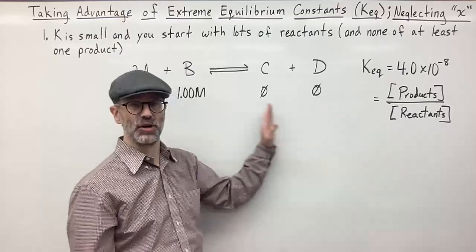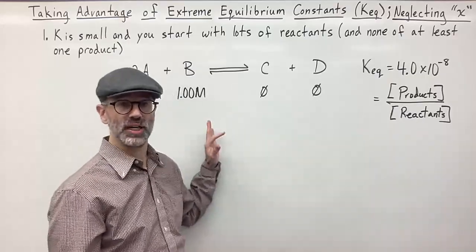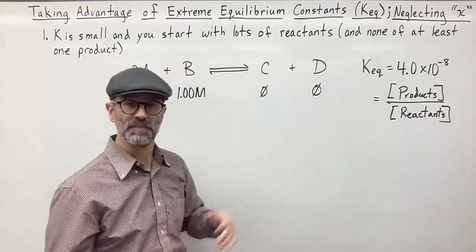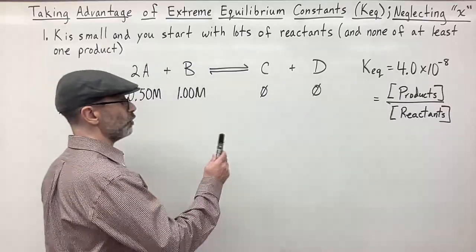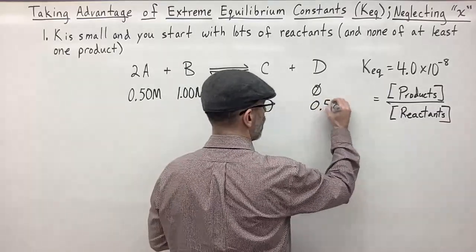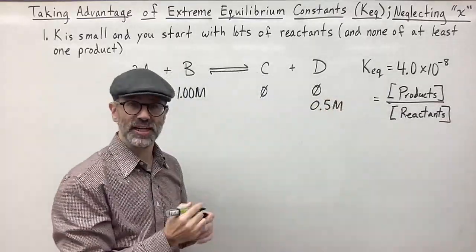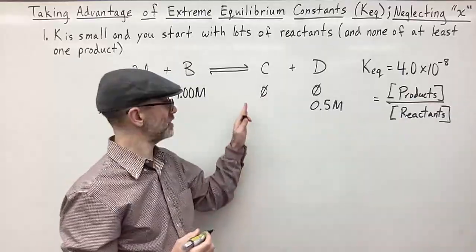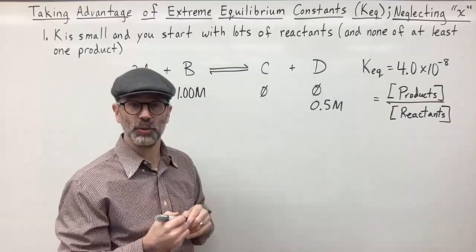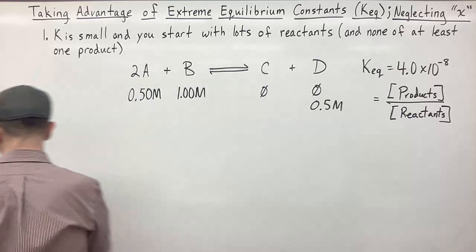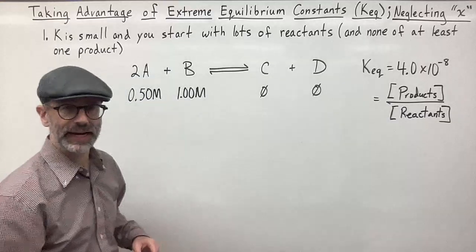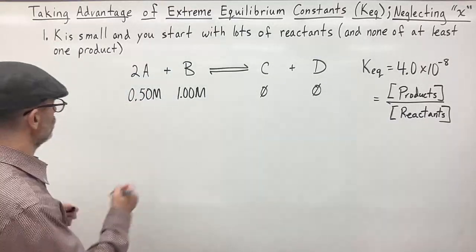So here, since we have 0 of C and D, we know it's going to shift towards C and D to make C and D. And that would be true even if I had 0.5 molar for D but 0 for C, it would still shift in that direction, because I can't have 0 amount of something at equilibrium. There's got to be something there.